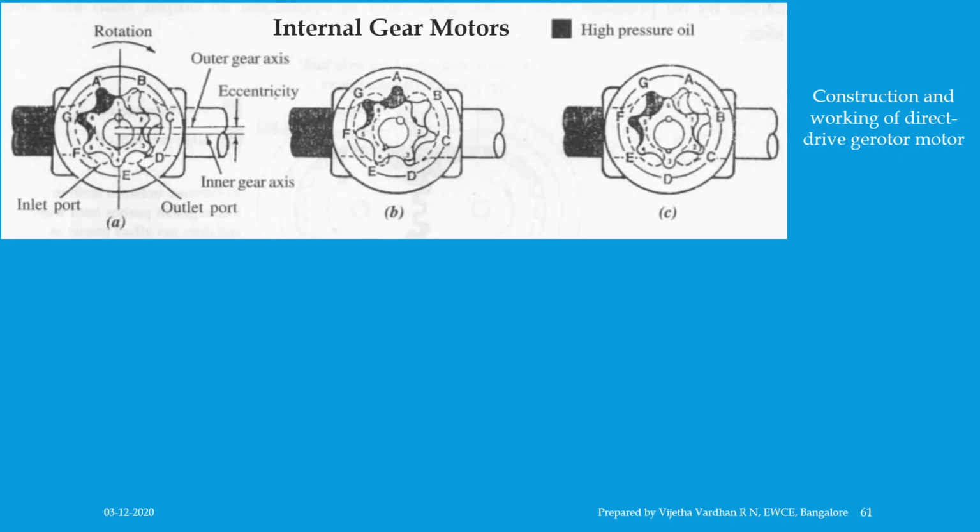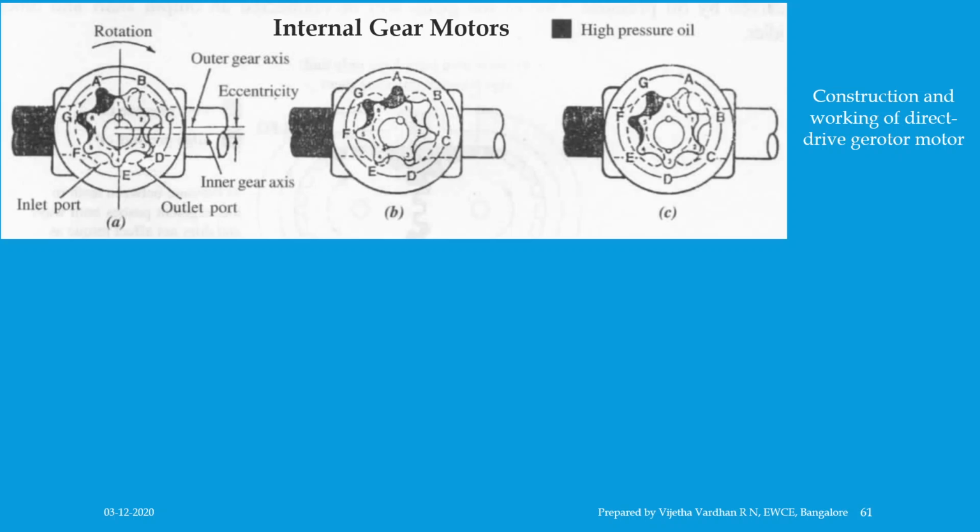Stationary kidney shaped inlet and outlet ports are built into the motor housing. In this case also both the gears rotate. You can see the figure which shows the construction of a direct drive gerotor motor. The centers of rotation of the two gears are separated by a small distance called an eccentricity, which you can observe in figure A. The center of the inner gear coincides with the axis of the output shaft.